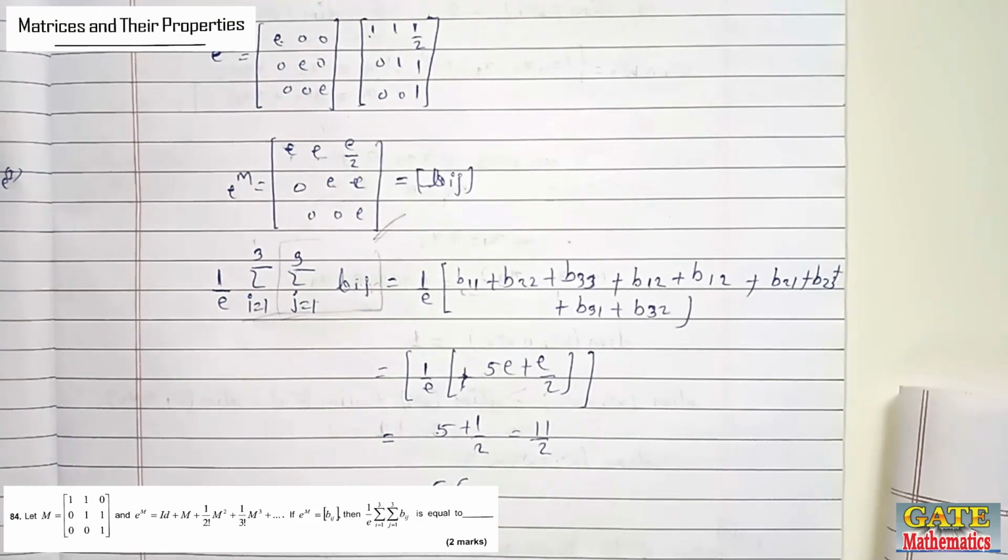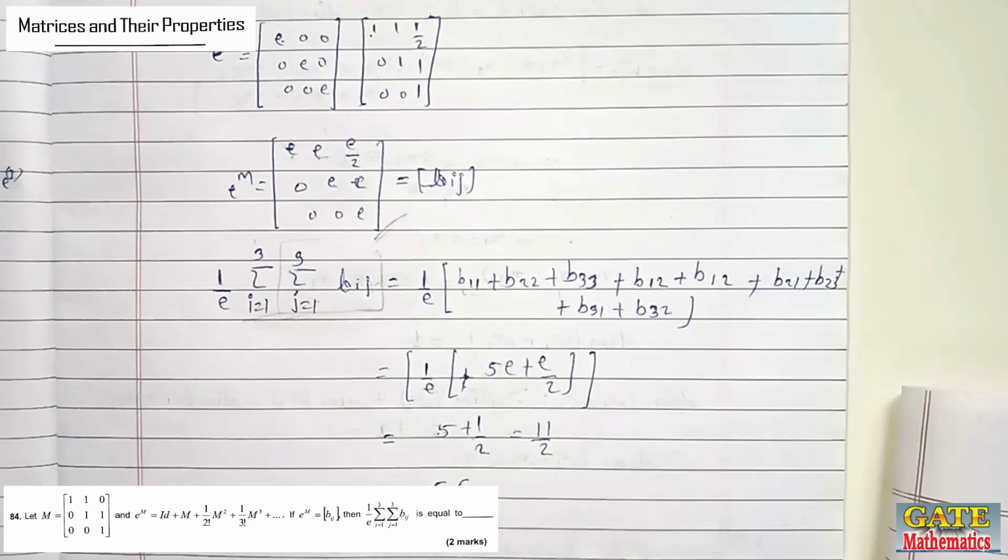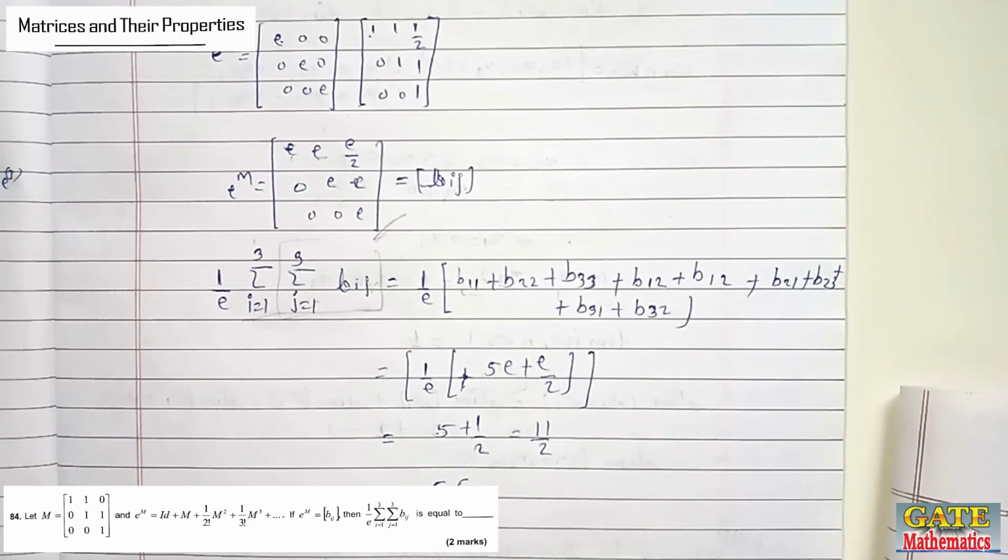Now see what we have done. First of all, I found the value for e raised to m. e raised to m means I expanded the matrix m as identity plus another matrix. So e raised to m I expanded as e raised to I plus a.